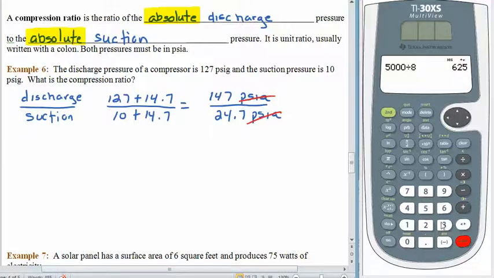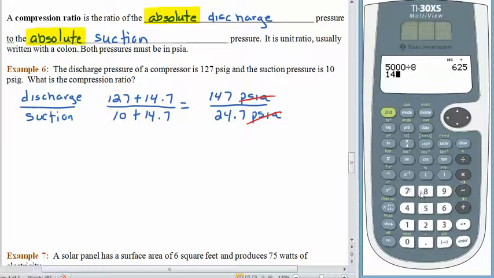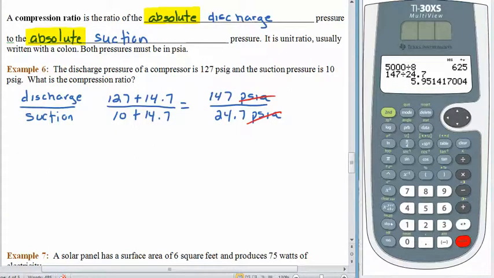Otherwise, we're just going to divide. 147 divided by 24.7. And the calculator says we get this thing, which we're going to round and say this is about, whoops, oh my gosh, I can't add. Hang on a second, what did I do? 127 plus 14.7 is not 147. You should have said something. Yeah, I know, just kidding. It's 141.7.